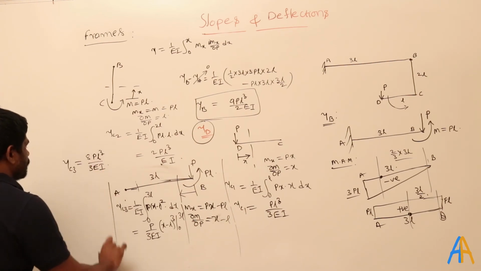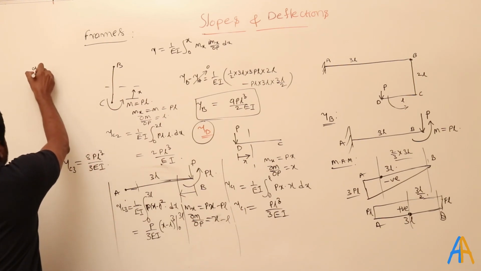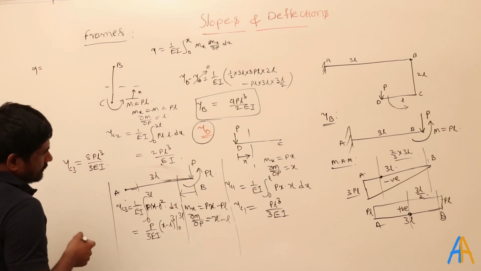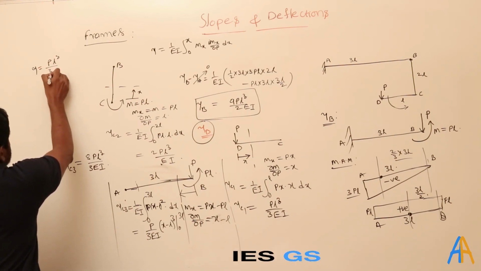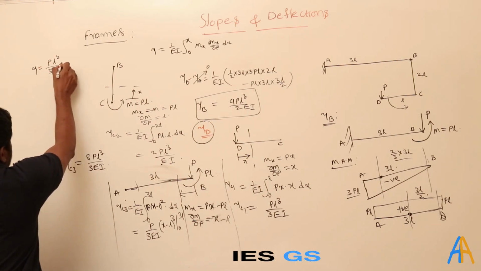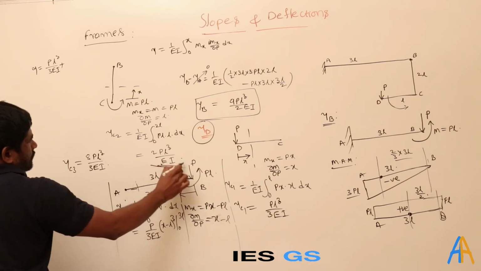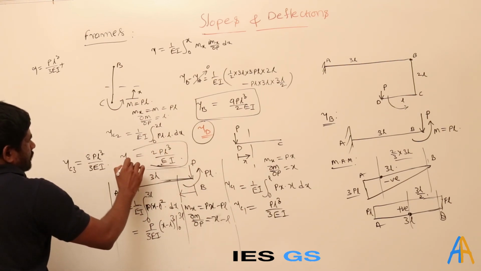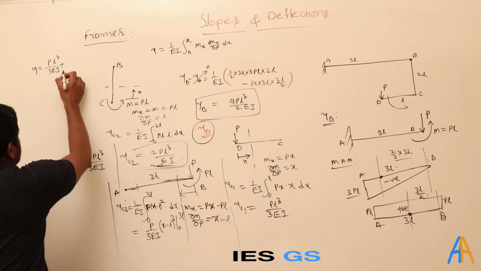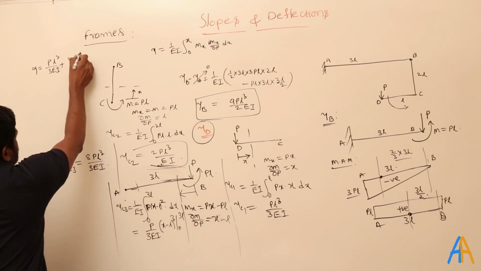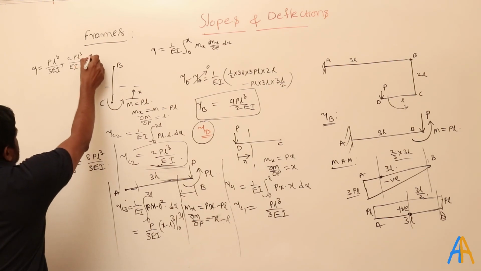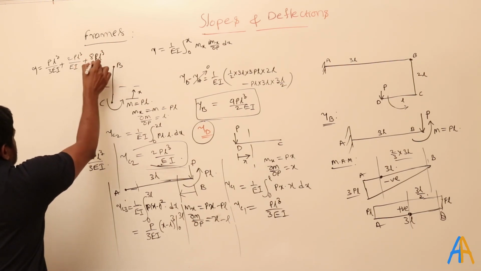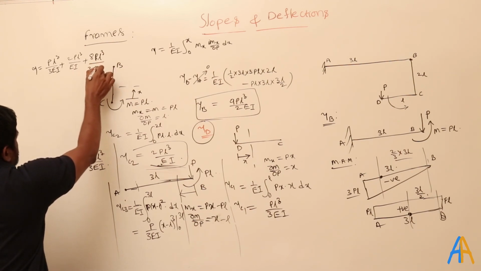So what is the total deflection? Total deflection equal to yc1, where yc1 is PL cube divided by 3EI, plus yc2, this is yc2, 2PL cube divided by EI, plus 8PL cube divided by 3EI.